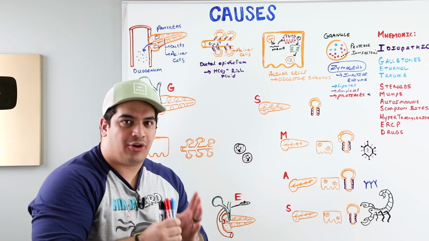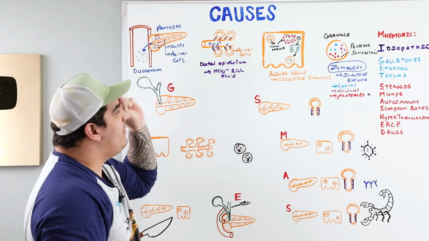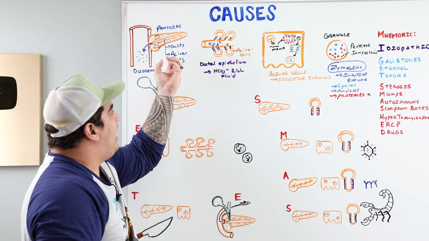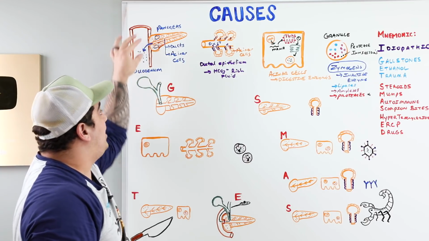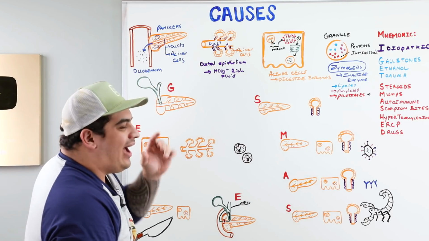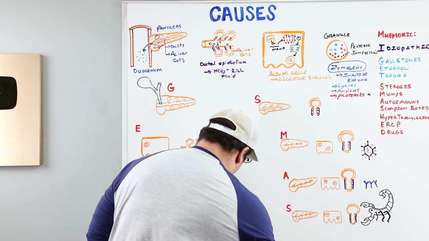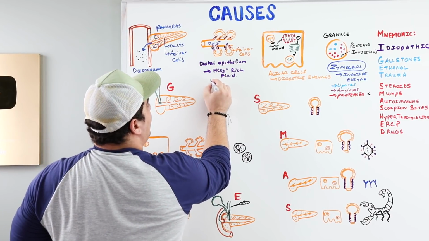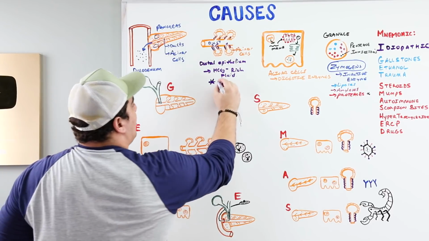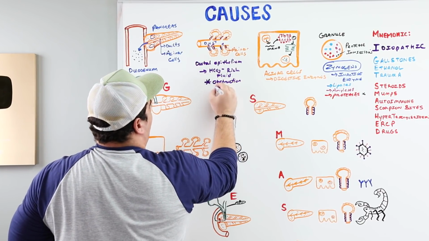So here's what I want you to remember. How does pancreatitis develop? Inflammation of the pancreas, but very specifically, damage of the pancreas that alters the digestive enzyme secretion into the duodenum. You know how this actually happens? It happens in two ways. One way is some type of obstruction within the ducts.